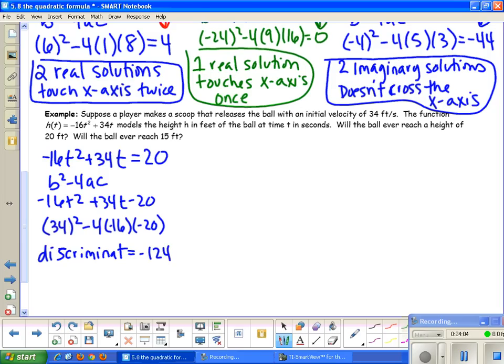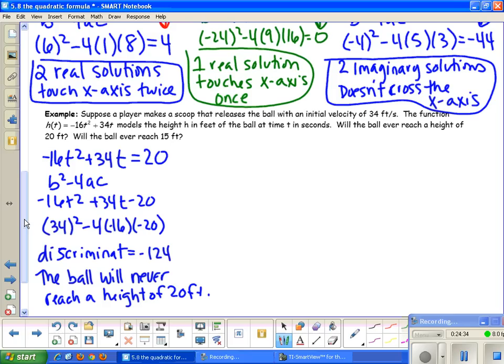So because of that, if I were to do my quadratic formula, I know that I'm never going to get a time that's going to allow me to reach a height of 20 feet. So this means that the ball will never reach a height of 20 feet. And then you would do the same thing with 15.